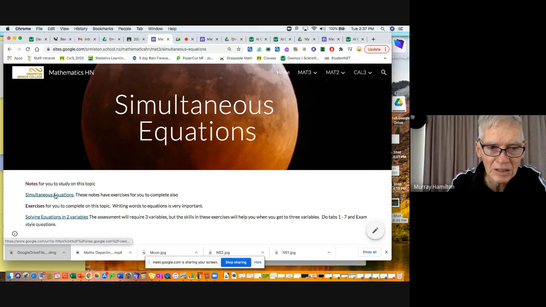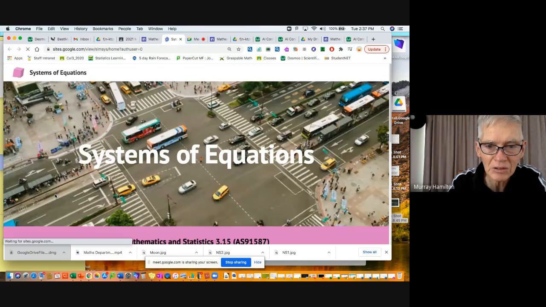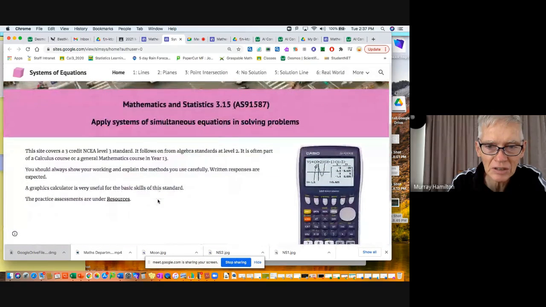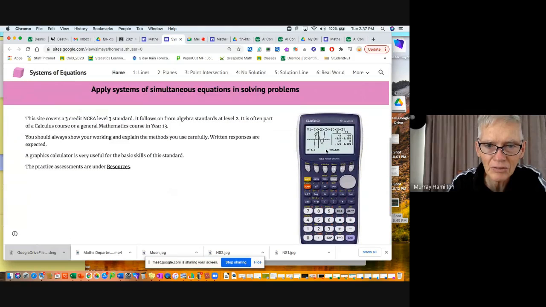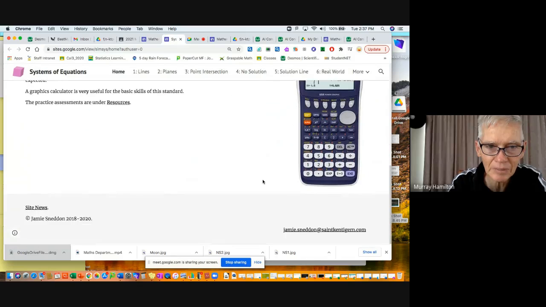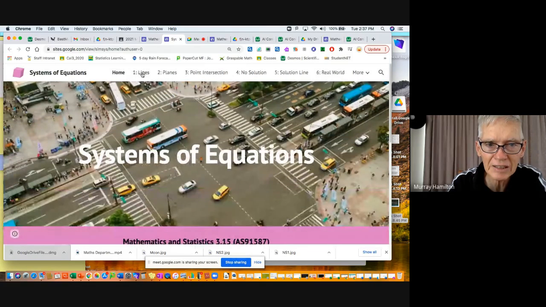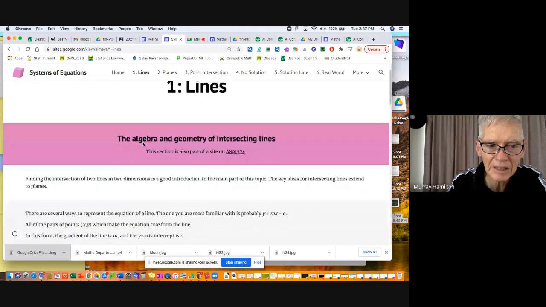Simultaneous equations, when you click on here, it will take you to systems of equations. This site has just about everything you need to do for this topic. It'll be good if you could have a graphics calculator like this as well. Under systems of equations, you've got these headings up here, and when you click on lines, it explains about the points between two lines.